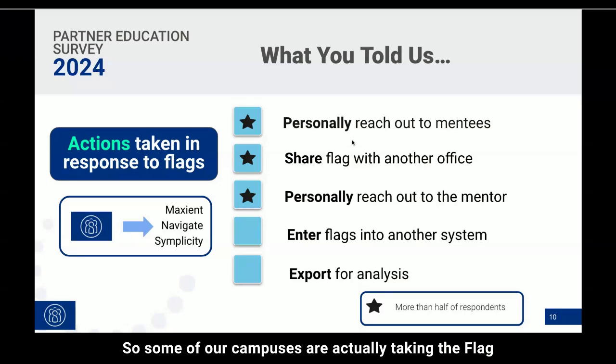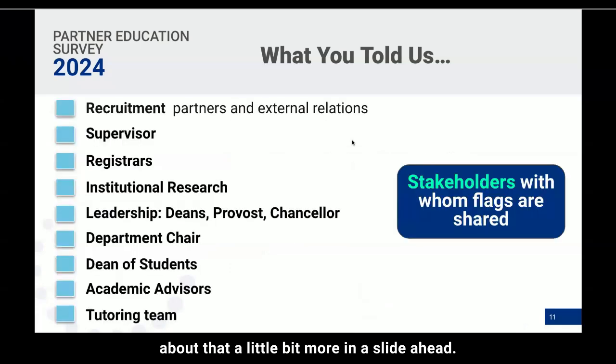So some of our campuses are actually taking the flag data and making sure that they end up in those other systems so that it's valuable to the folks who are addressing additional needs for the students. Also, they're exporting flag data for analysis, and we'll talk about that a little bit more in a slide ahead.